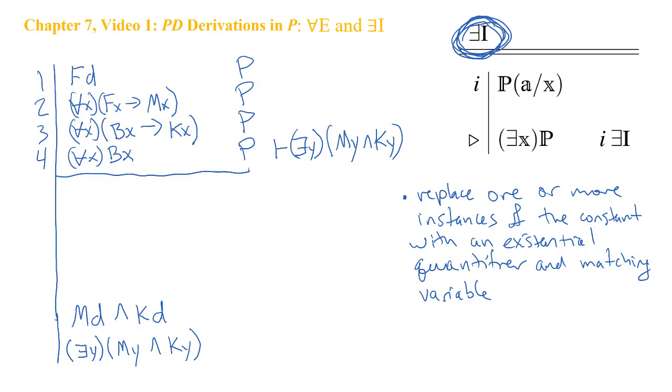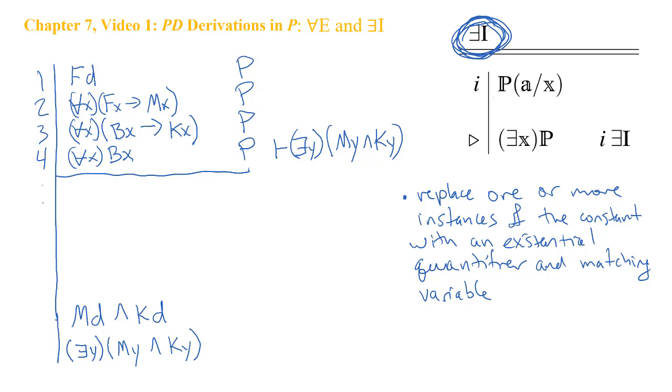Now, if we look at the primaries and see what materials we have to work with, M and K each appear as the consequent in some universally quantified conditional. So I know that I could use universal elimination to get Fd arrow Md and Bd arrow Kd. Let's do that. Give it a try.